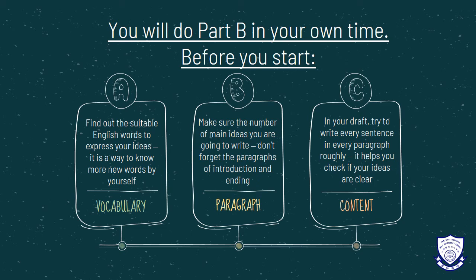Okay, on this picture, on this screen here, you can see three stages when you prepare a piece of writing. And the first one is vocabulary. You should find out the suitable English words to express your ideas because it is a way to know more new words by yourself.